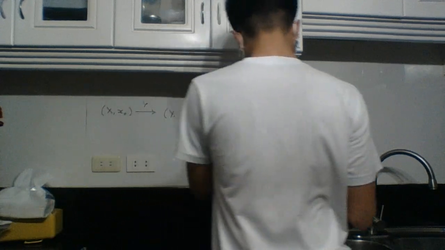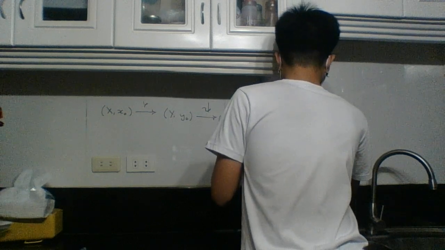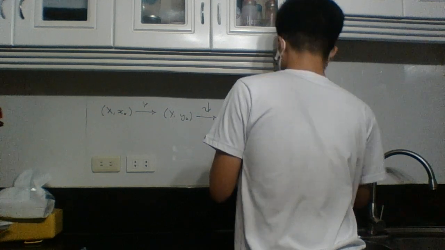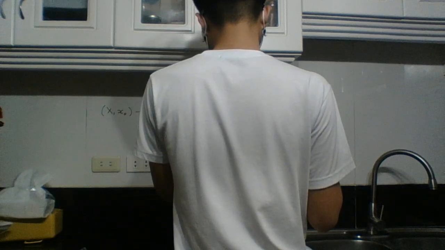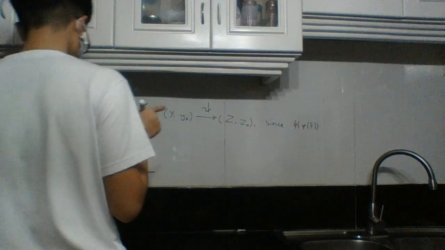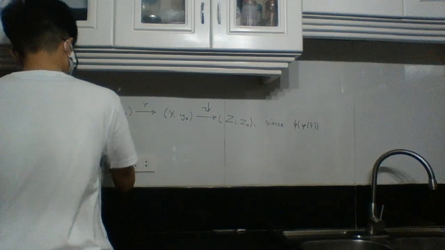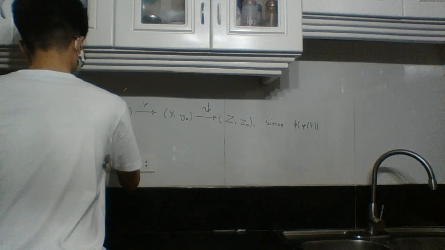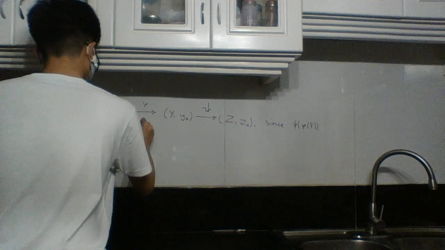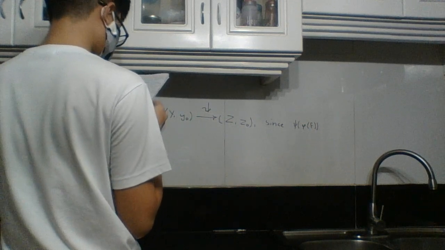Now since psi of phi of f is the same thing, okay? It's an element of the class of homotopic loops inside the fundamental group, basically. So psi composed with phi of f. We have that.